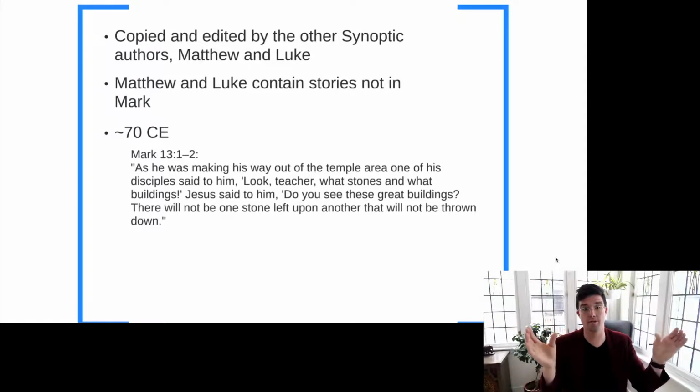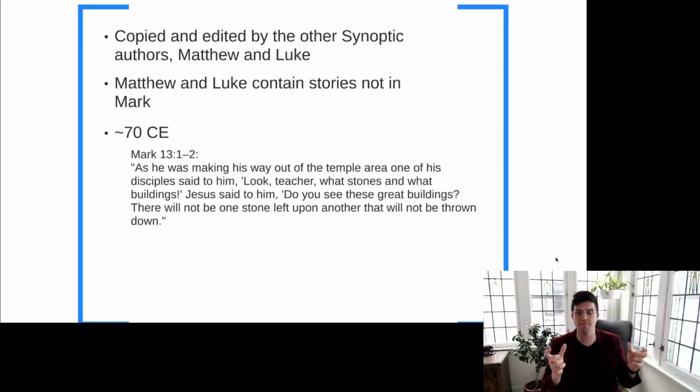Matthew and Luke are going to have shared material with one another, and Matthew and Luke are also going to have totally unique material only found in Matthew and only found in Luke. Whereas the Gospel of Mark, around 90% of Mark, is found in one or the other of these 2 synoptic gospels. And Mark is written around the year 70 CE.